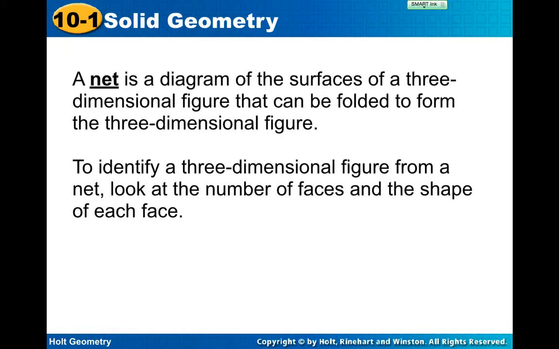Okay, to identify the 3-dimensional figure from a net, you have to look at how many faces there are, what shape they are, how they're arranged. So for instance, here I'm holding up a net. Look at how many faces there are and what shape they are. Okay, there's 6 squares. So what could fold up and make a 3-dimensional shape out of 6 squares?